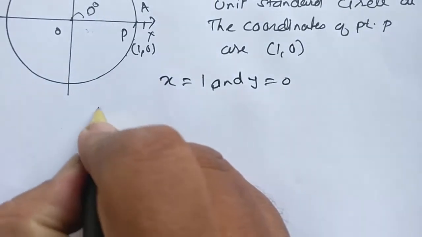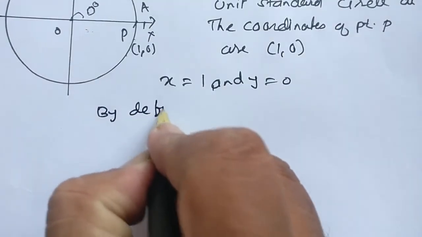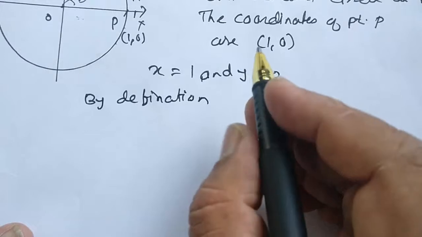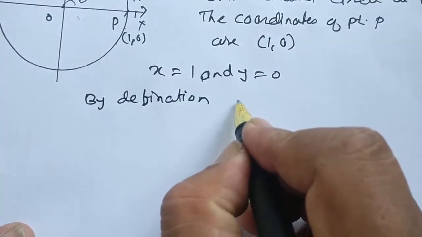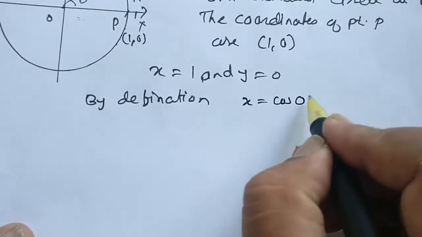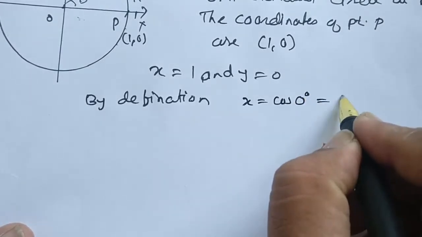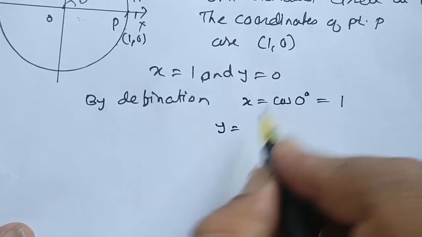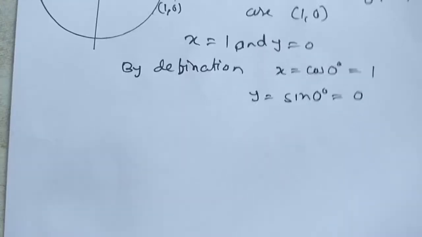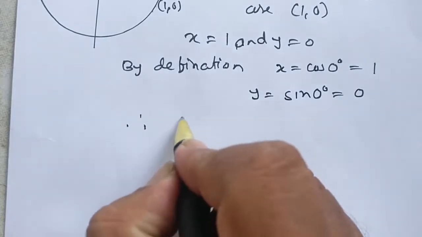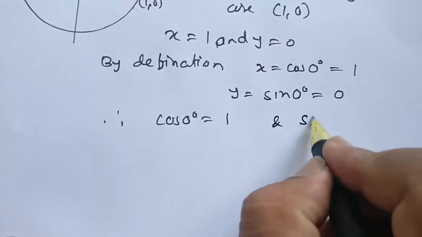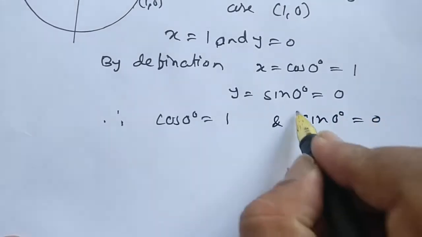By definition, we know that x is equal to cos of 0 degree, it is equal to 1. y is equal to sin of 0 degree, it is 0. So therefore, cos 0 is 1 and sin 0 is equal to 0.